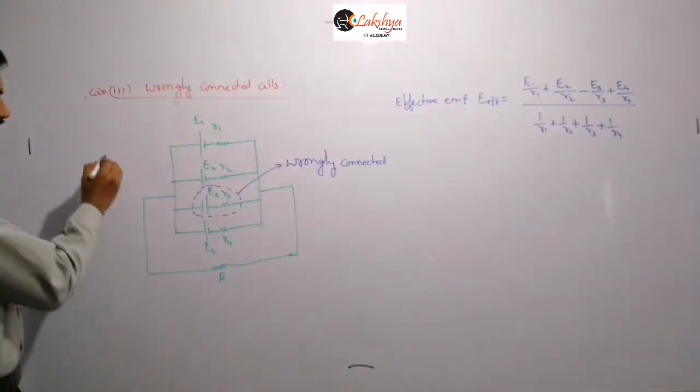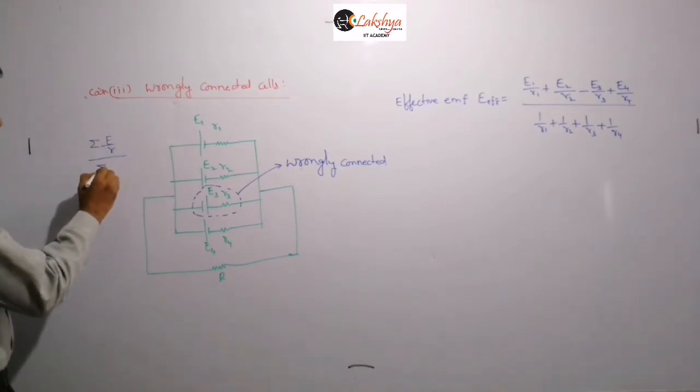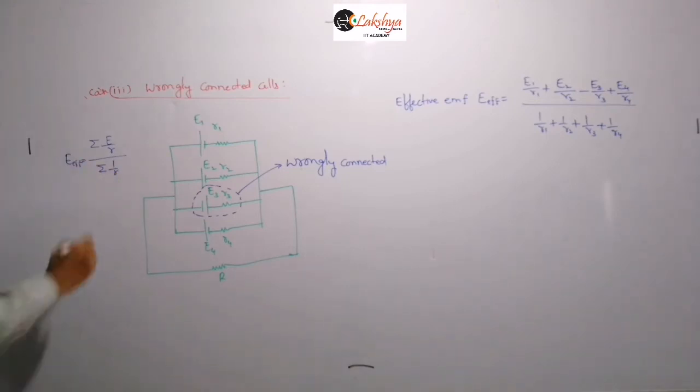So our formula is sigma E by R over sigma 1 by R. This is our E effective formula, right?